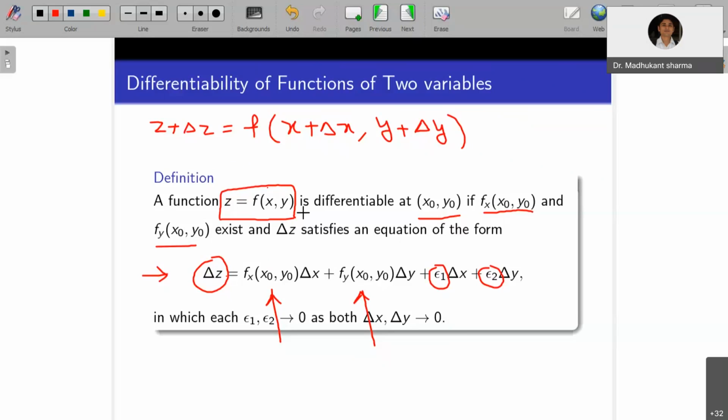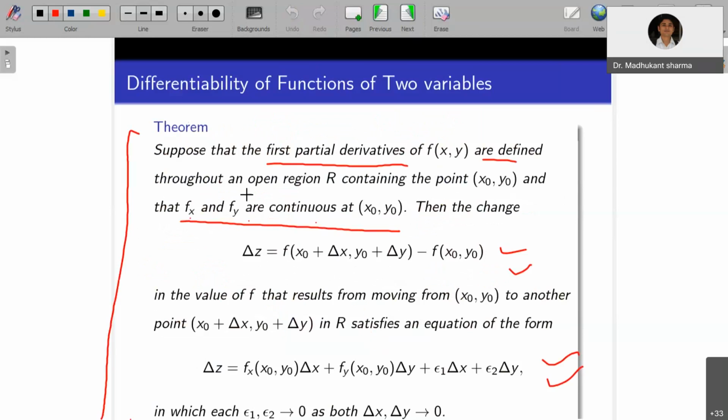Now, we have also mentioned the sufficient condition for differentiability of a function of two variables. What was that? If, in addition, the first order partial derivatives are continuous, then you can straightforwardly say that the function is differentiable. This is the increment theorem.